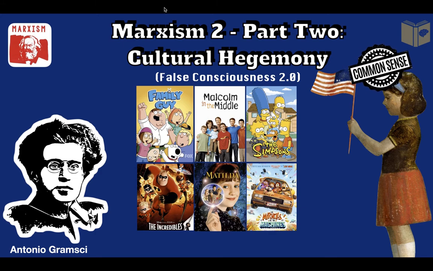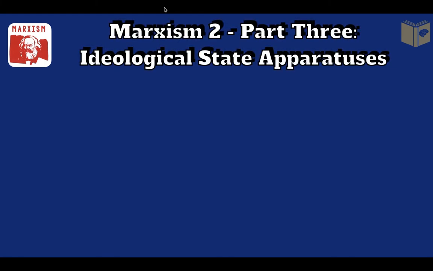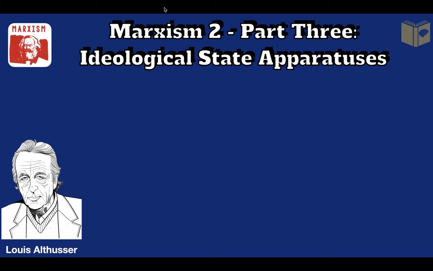So how is cultural hegemony achieved? What mechanisms exist in the superstructure to teach such common sense ideologies of the ruling class? Well, Louis Althusser, another Marxist philosopher, had an idea known as ideological state apparatuses, or ISAs. So let's break the phrase down.